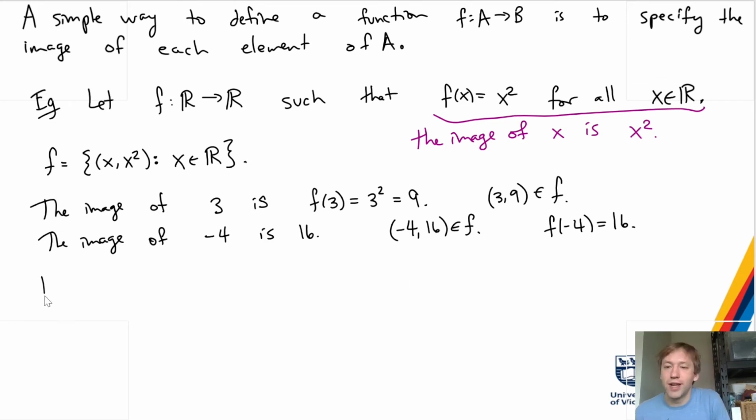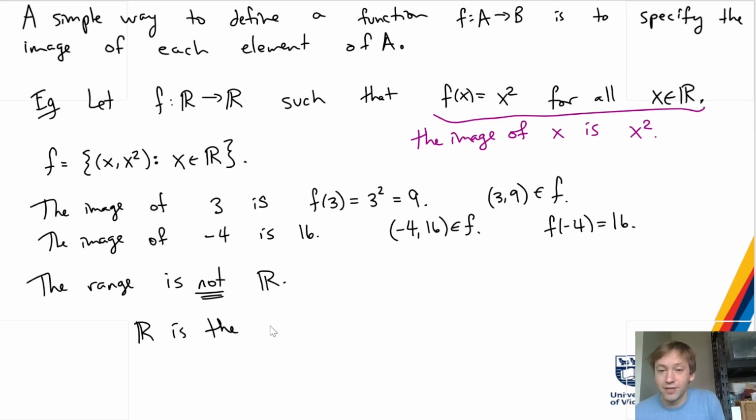What's the range now? Well, I'll tell you what it's not. The range of this function f is not R, okay? So R, the real numbers, is the codomain, but it's not the range. It's the codomain because it appears on this side of the function definition. So this is my codomain.